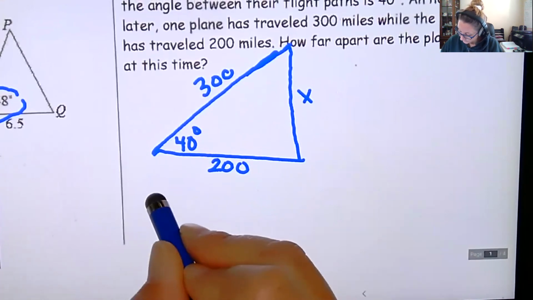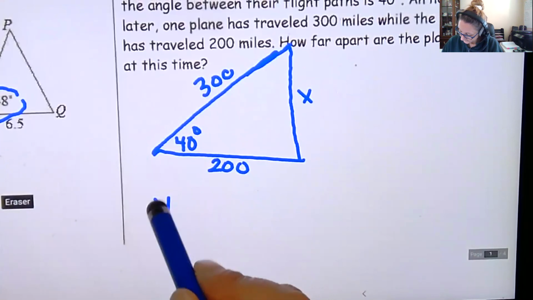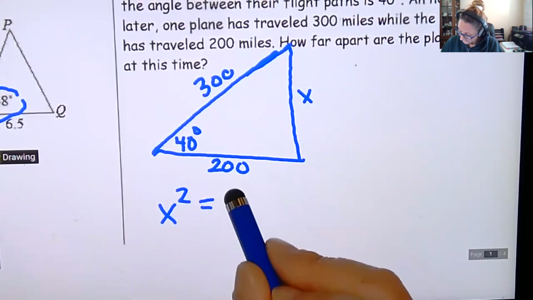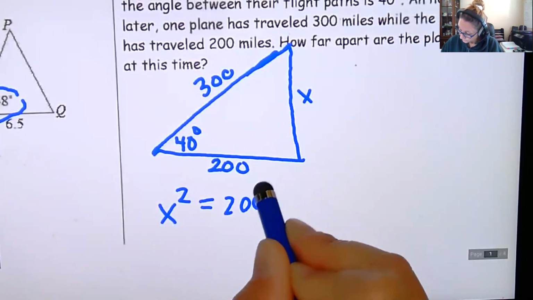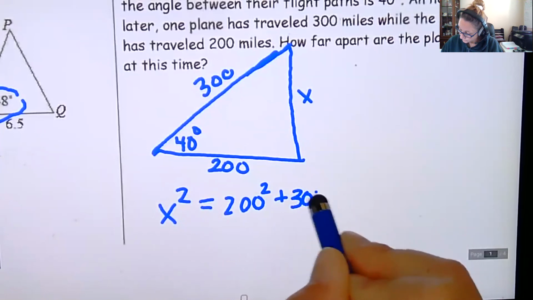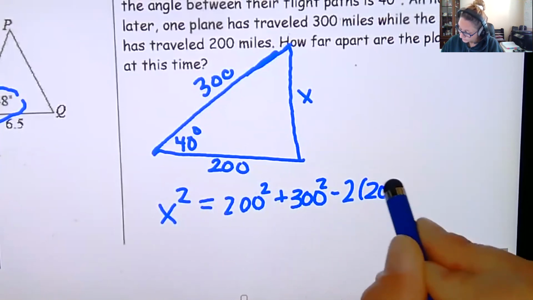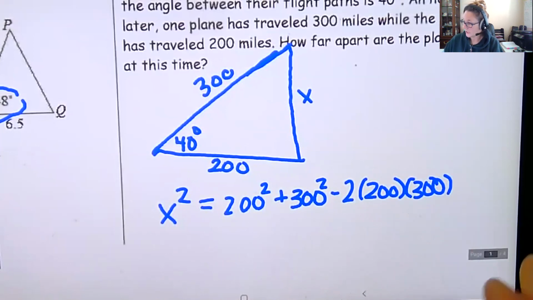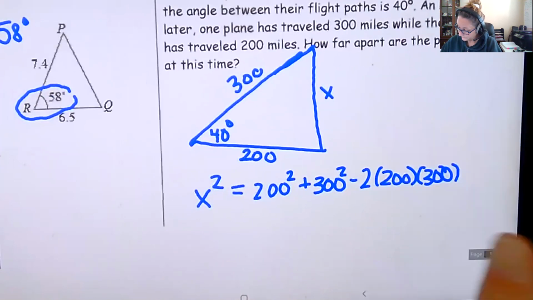So basically, I'm going to have x squared equals 200 squared plus 300 squared minus 2 times 200 times 300, and then cosine of 40.